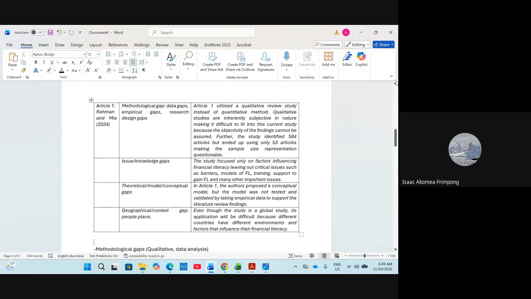So maybe in the existing literature, for most of the studies that people have conducted, they have used quantitative methods, and you want to conduct a qualitative method. Or most studies have conducted both qualitative and quantitative, but nobody has done a mixed study. So it's a good gap for you to continue researching and applying the mixed method to it.